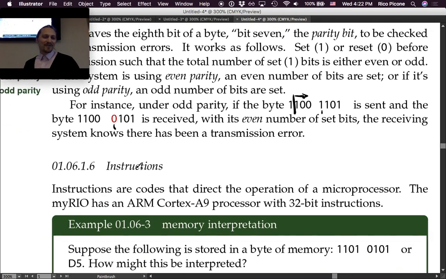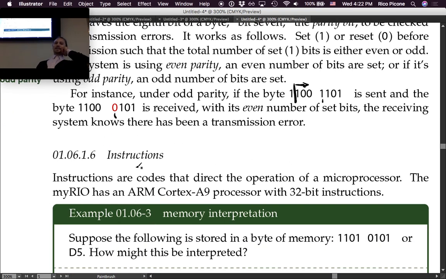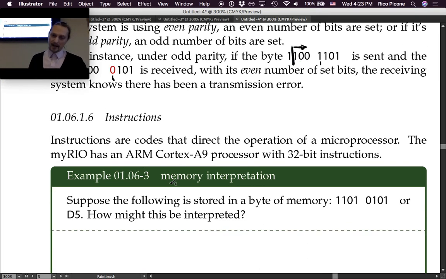Okay. Which brings us to our last thing we could have in memory, which are instructions. Instructions are codes that direct the operation of a microprocessor. We talked a little bit about instructions when we first talked about computer architecture. The MyRio has an ARM Cortex A9 processor with 32-bit instructions.